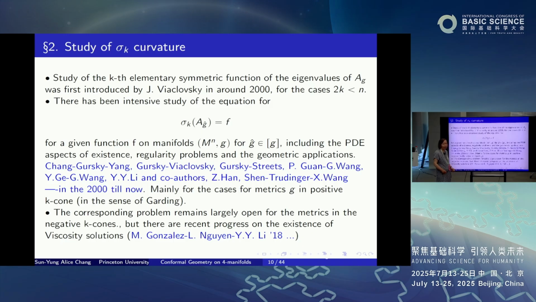Contrary to the case k equal to 1, where the negative scalar curvature problem is well studied, when k is bigger than 2 it's the positive cone problem. We have tools to study them. And for k, for the negative 2 cone, we are short of a C2 estimate.